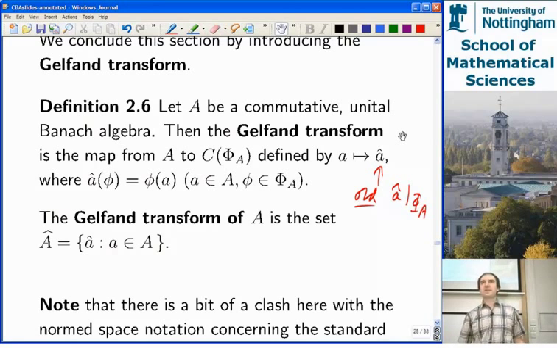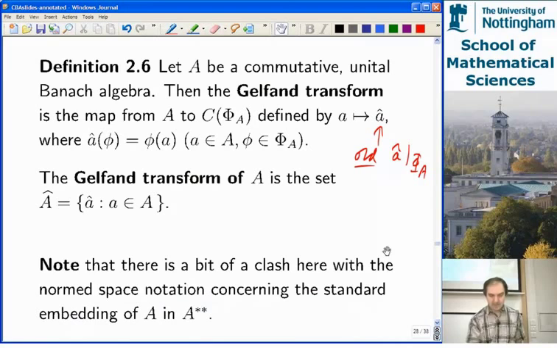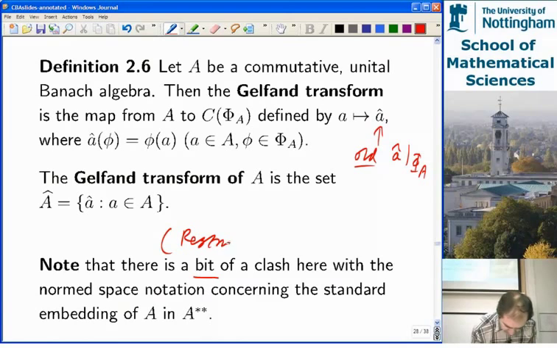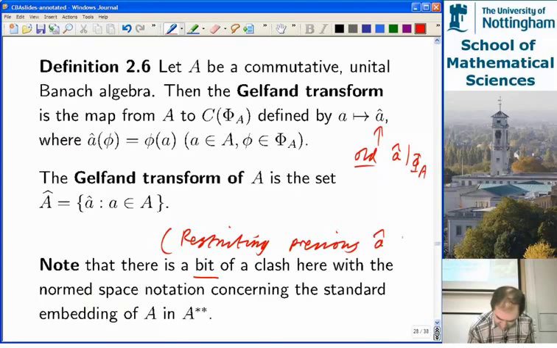A hat is called the Gelfand transform of a, and the Gelfand transform of the whole space is called A hat. And it's only a bit of a clash because you're restricting the previous a hat to the character space instead of working on the whole dual space.